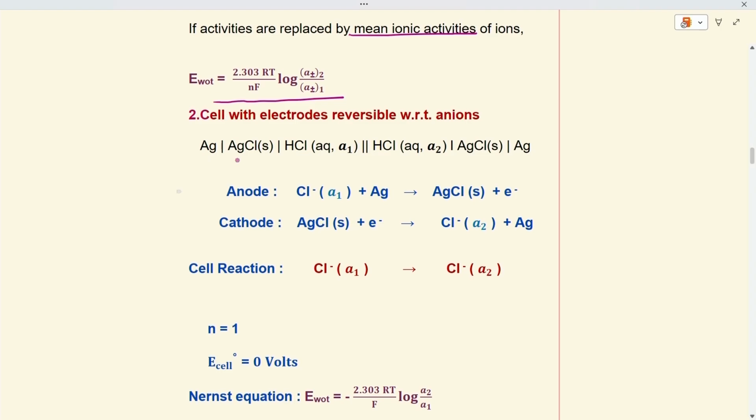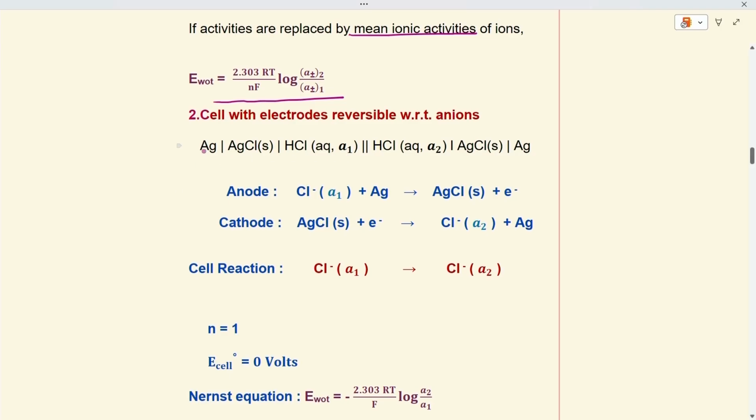Now, we are going to consider the cells with electrodes reversible with respect to cations, and next we are going to consider the electrodes reversible with respect to anions. Here is an example: silver in contact with a paste of silver chloride, which is put in a solution of HCl of activity A1.